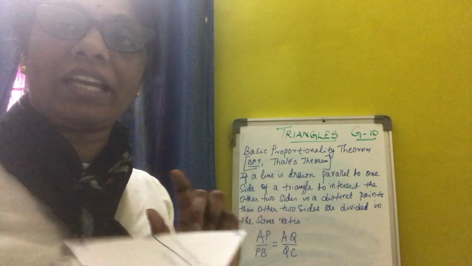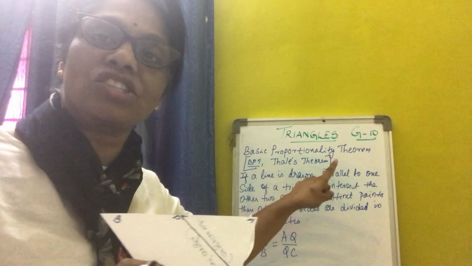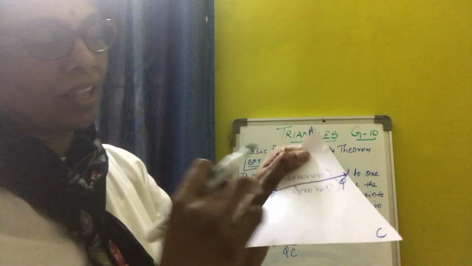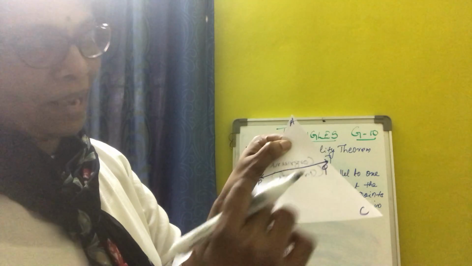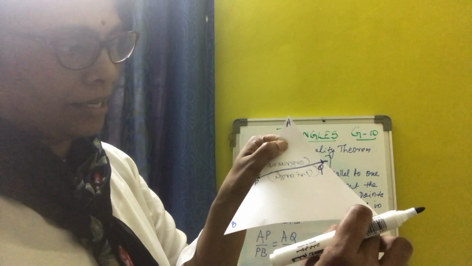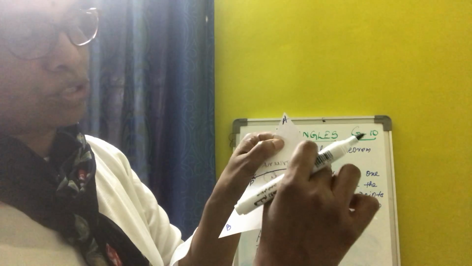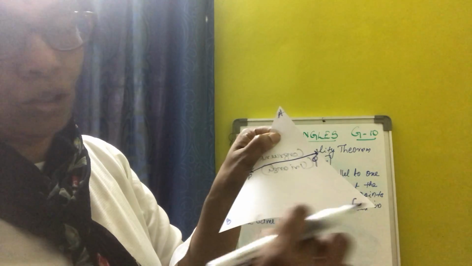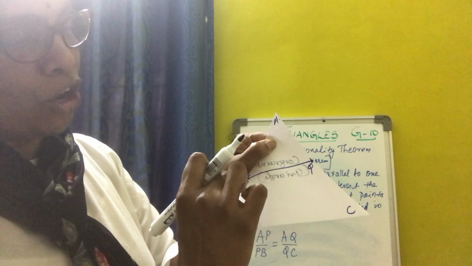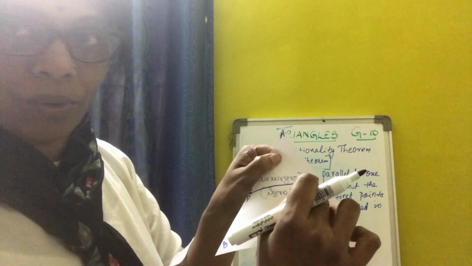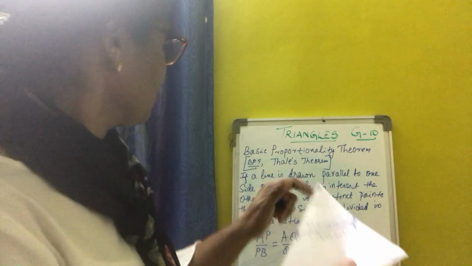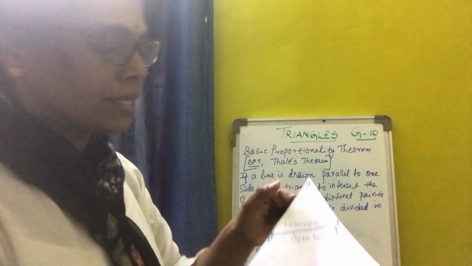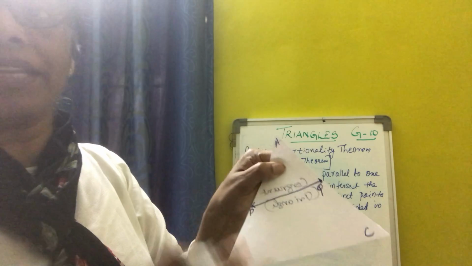Once more let me explain it. If a line is drawn parallel to one side of a triangle and intersects the other two sides, AB and AC, and this line is parallel to BC, intersecting at the points P and Q, the other two sides are divided in the same ratio.